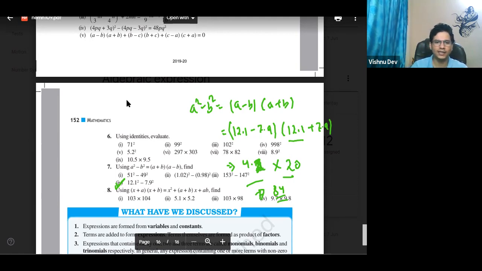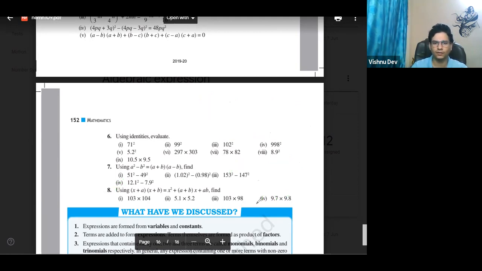Solve all the problems. Eighth, the fourth one. So see, 9.7 can be written as 10 minus 0.3. And 9.8 can be written as 10 minus 0.2. So which formula will we use? This formula, x minus a into x minus b.